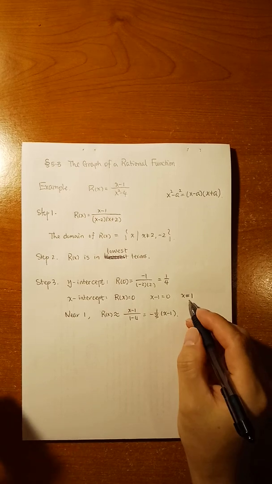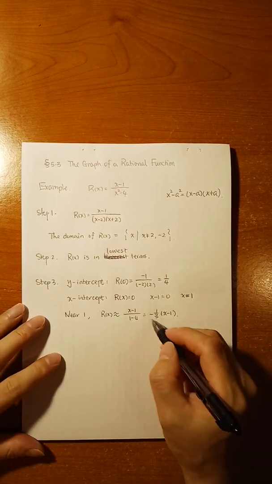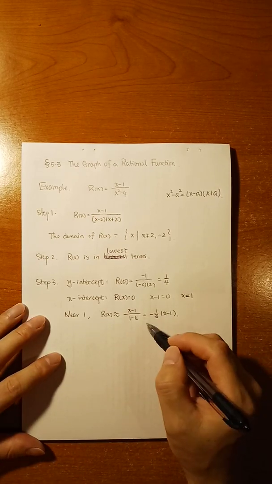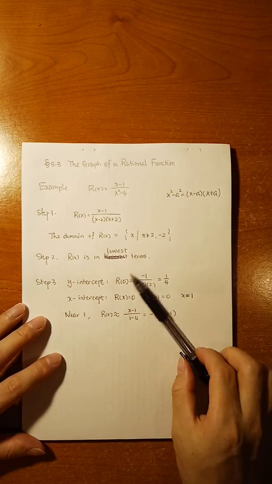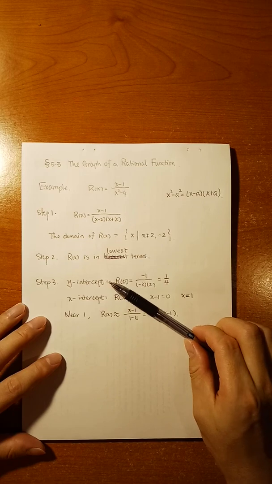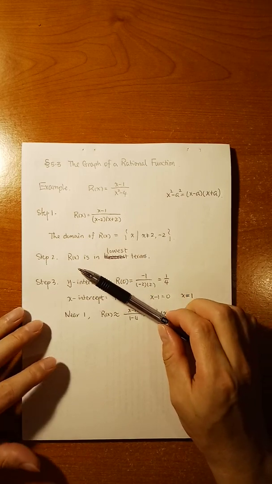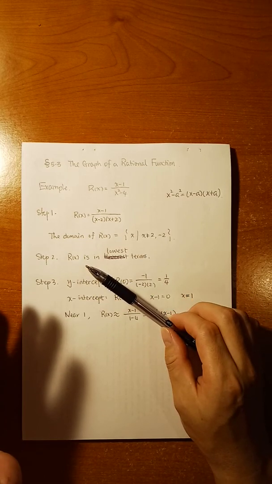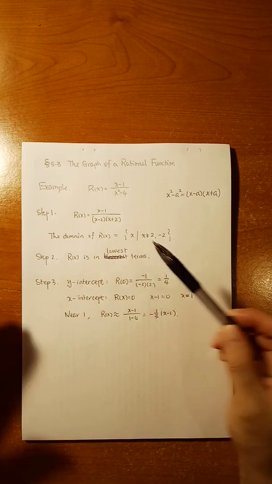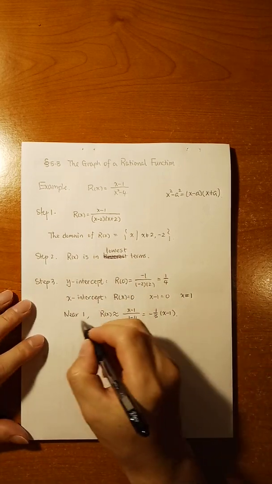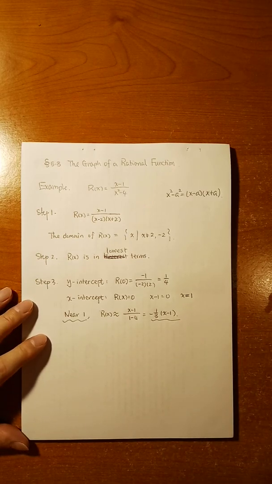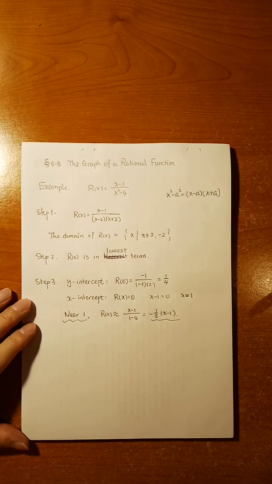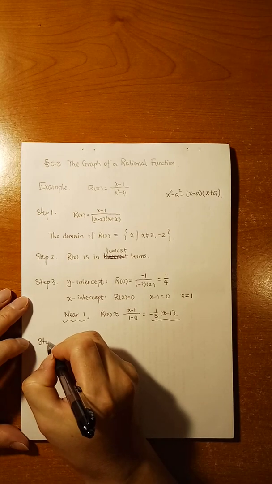So when x is close to 1, it is a linear function with a negative slope. So it looks like this, a negative slope heading to the northwest. So this is the behavior near the x-intercept.